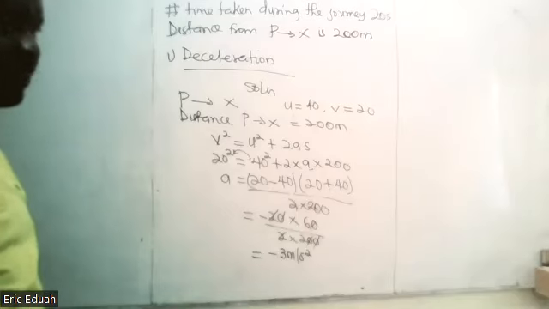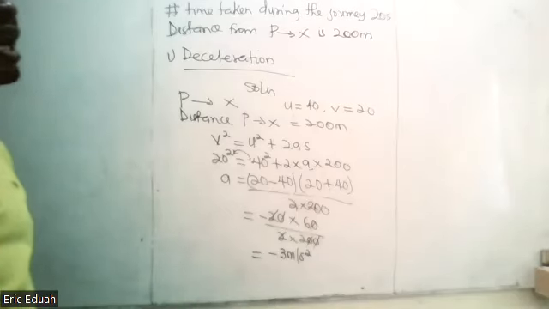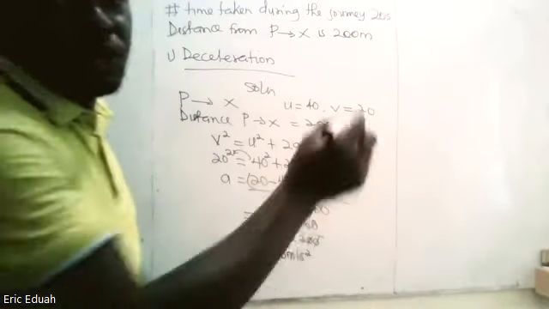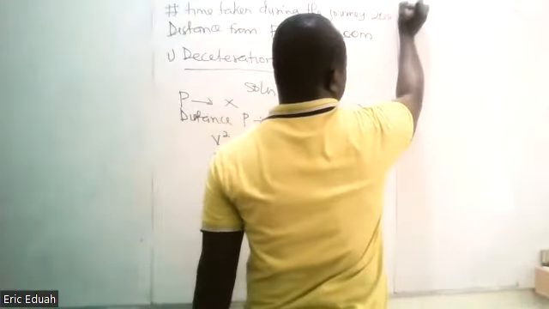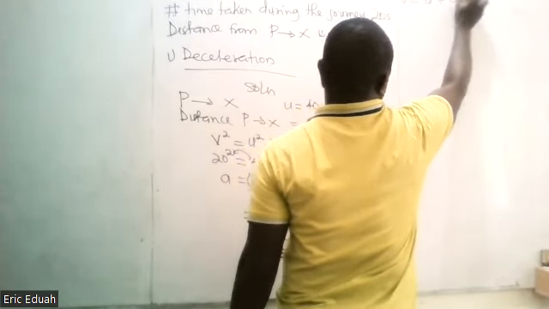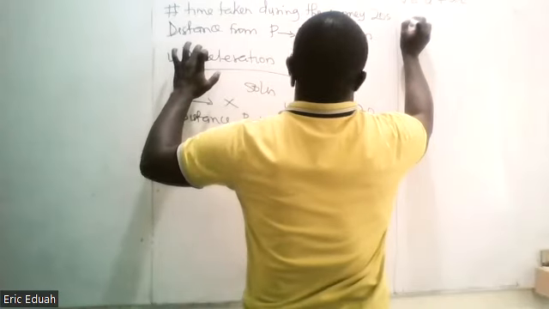So having had the deceleration, you can use it to determine the time. Using equation 1, V is equal to U plus AT.